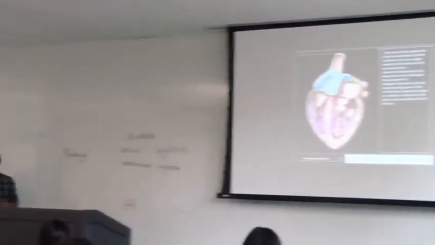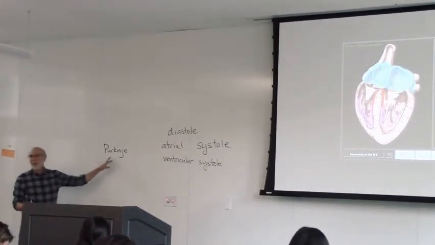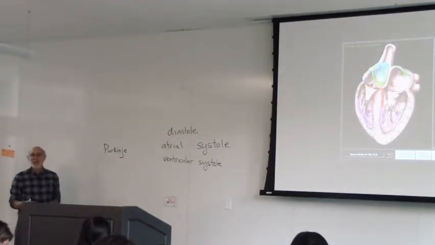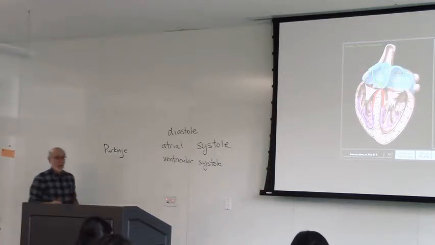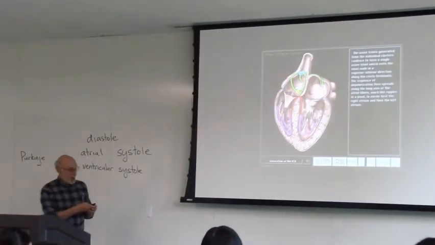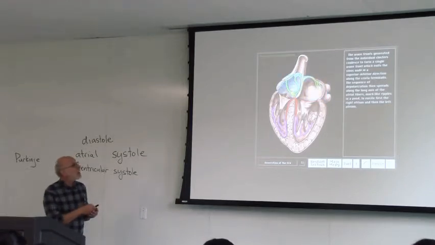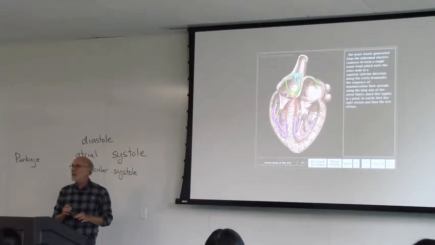Purkinje was a Czech anatomist, and I'm sure in the Czech Republic this is pronounced differently, but we call it Purkinje. You can see that action potentials, when they reach the AV node and are delayed there, are eventually going to spread through the AV node, the bundle branches, and the Purkinje fibers, and then into ventricular muscle.